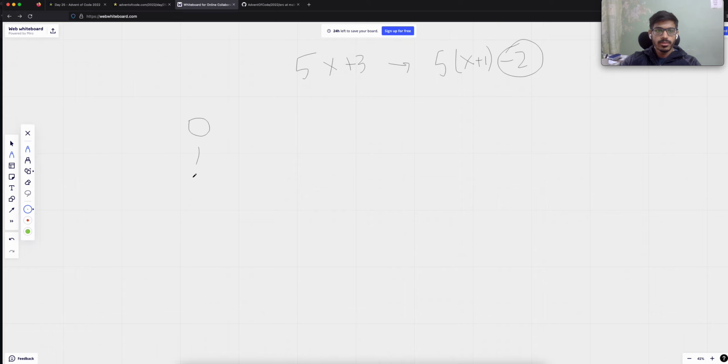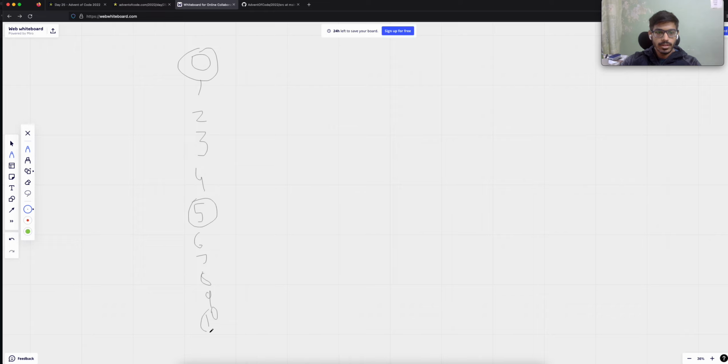If we write numbers from 0 to 10, 4, 5, 6, 7, 9, and 10. Here multiples of 5 are 0, 5, and 10. So this is the start of 5 into 0. This is 5 into 0 plus 1, 5 into 0 plus 2. And this is 5 into 0 plus 3.